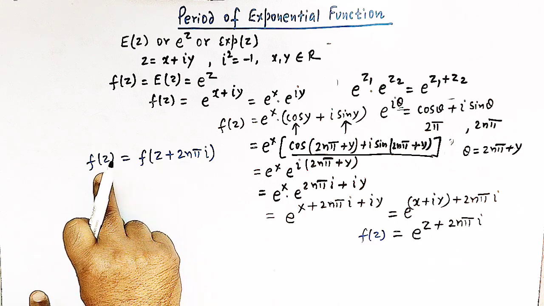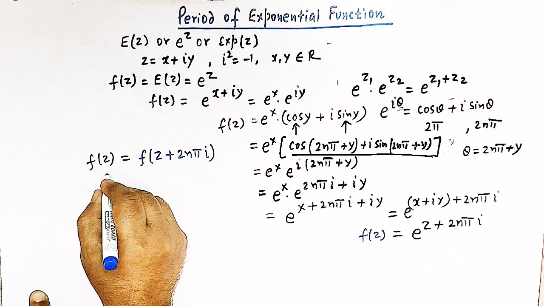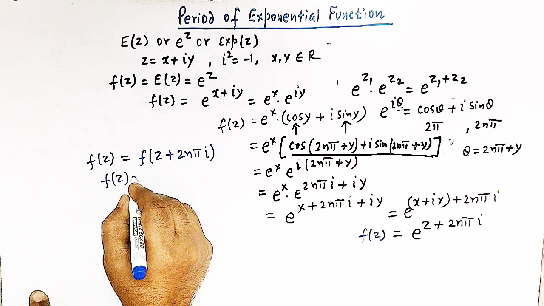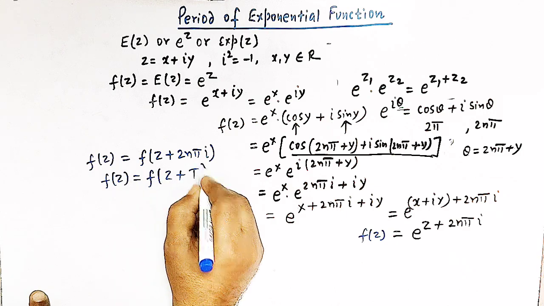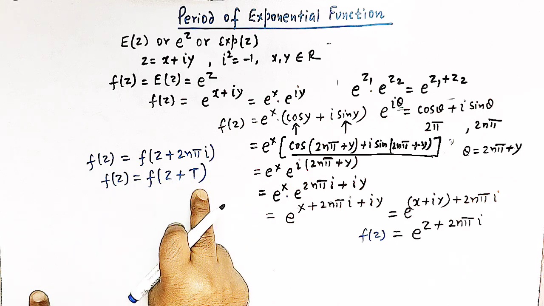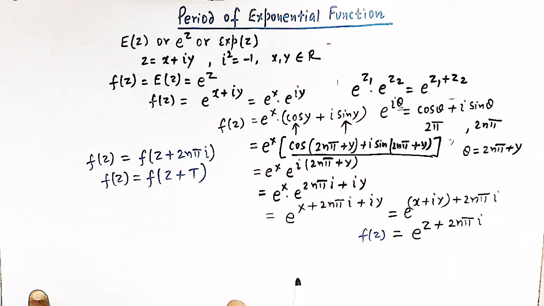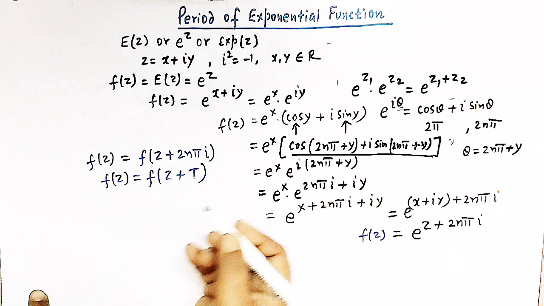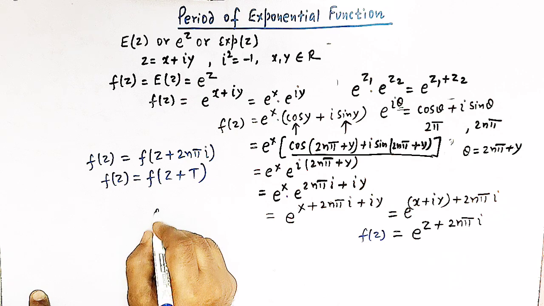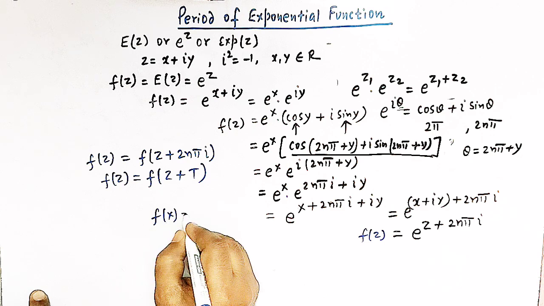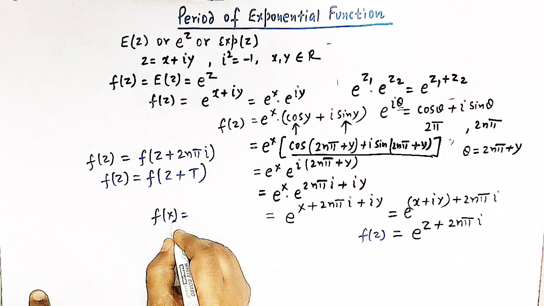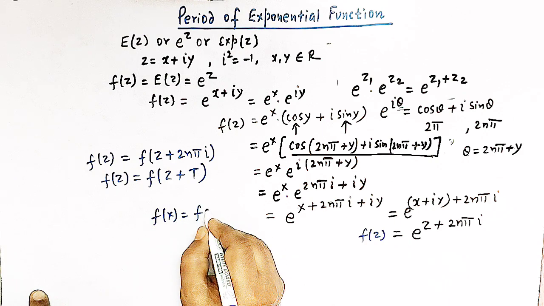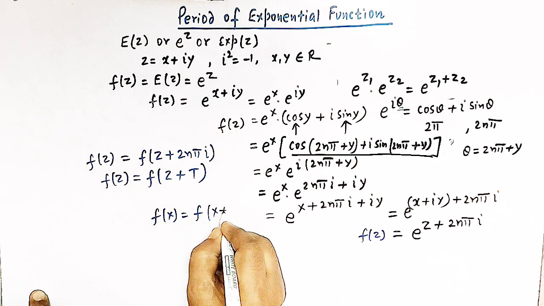So now this relation is equivalent to f of z is equal to f of z plus t, which is the definition of periodic function, because we know that a function, say f of x, is said to be a periodic function having period t if f of x is given by f of x plus t.